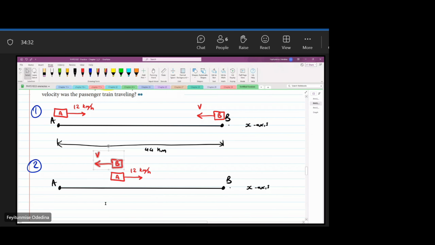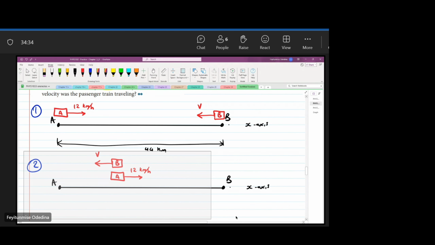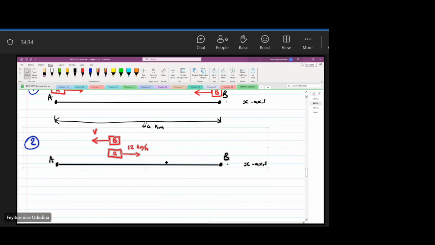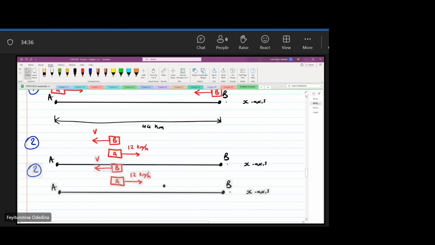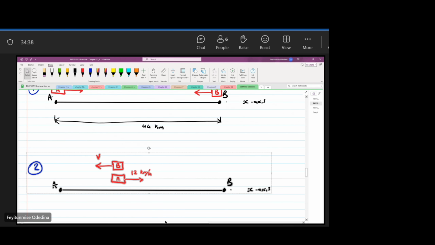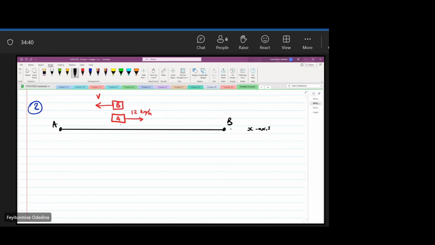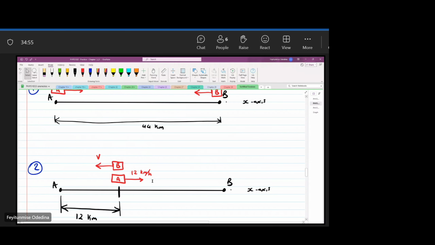Let me note this down a bit more, so we don't confuse it with the other one. So this is the second scenario. At this point in time, they barely avoid collision at this point, and that point is 12 kilometers away from city A. So this is our setup.